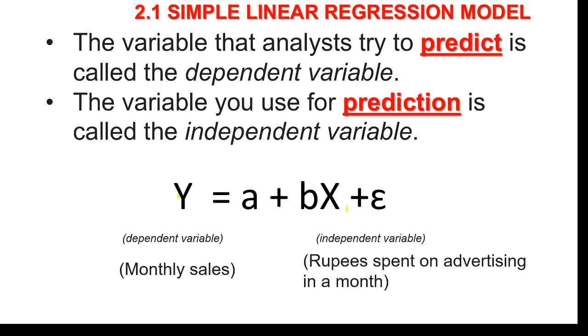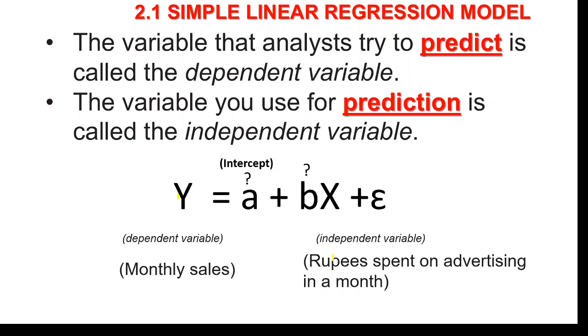For example, monthly sales depend on the money that you spend on advertising. So monthly sales would be your dependent variable in that scenario, and x, the independent variable, would be the amount that you have spent on advertising in a month.